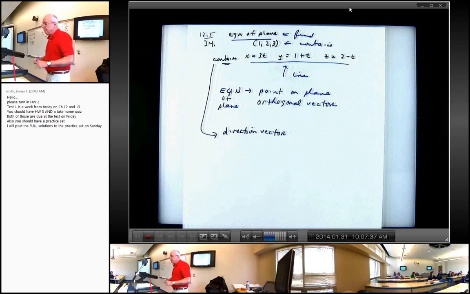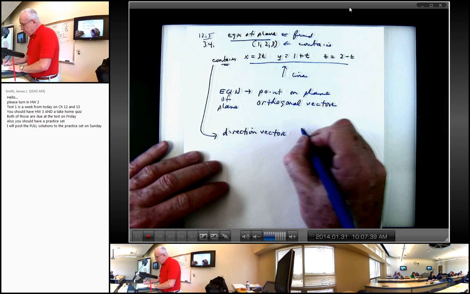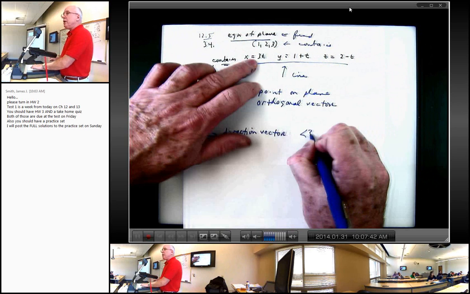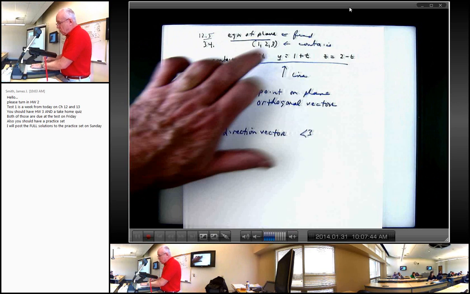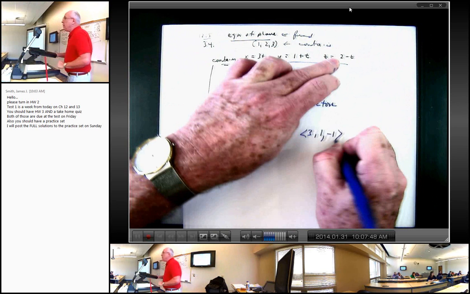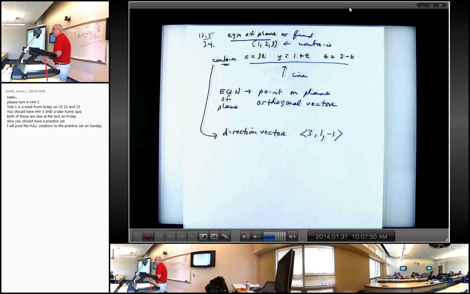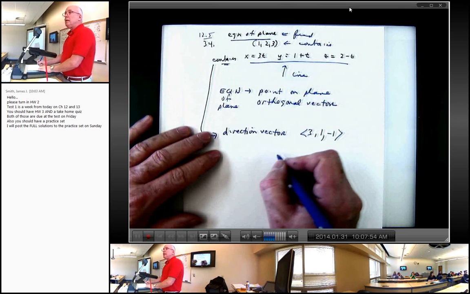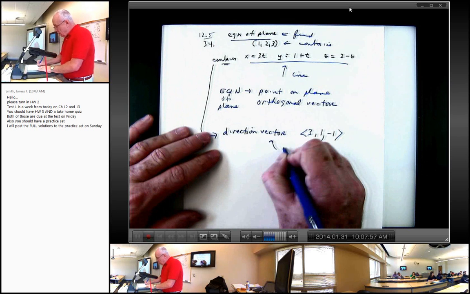Yeah. 3, 1, minus 1. 3, because that multiplies the t there for the x. 1, that multiplies the t for the y. And minus 1, that multiplies the t for the z. All right. So this vector basically can be considered as on the plane.